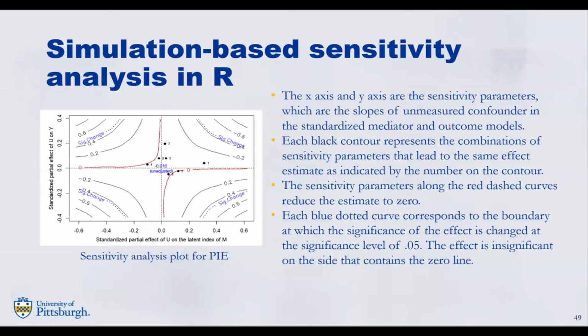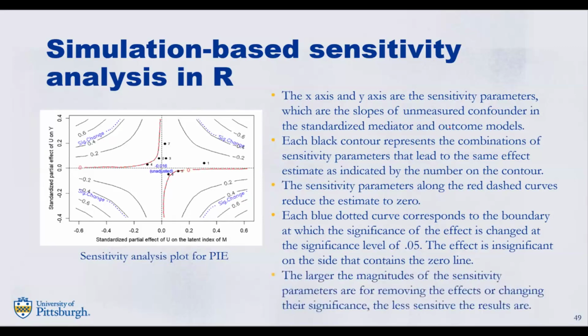And if for the sign or significance of the original conclusion to change, the unmeasured confounder has to be very strong, that means the results would be robust to unmeasured confounding, right? So the larger the magnitudes of the sensitivity parameters are for removing the effects or changing their significance, the less sensitive the results are.